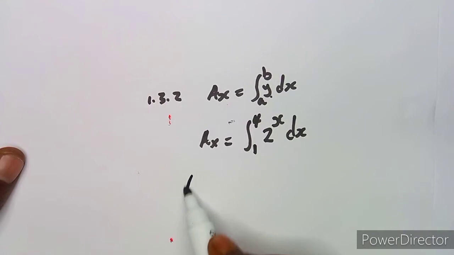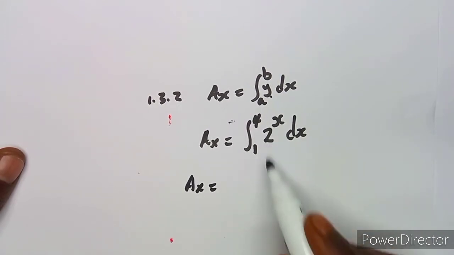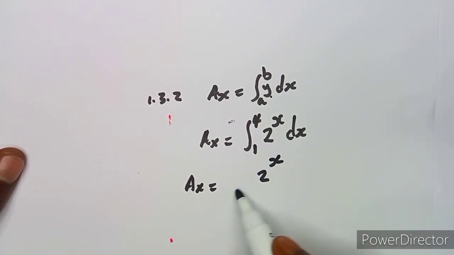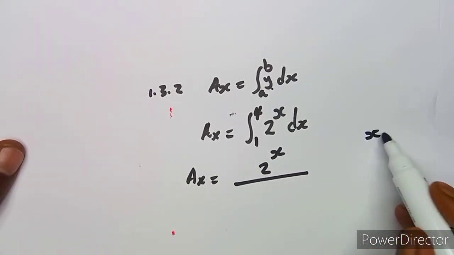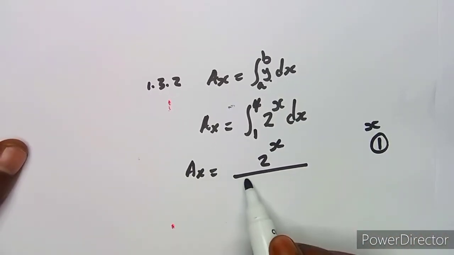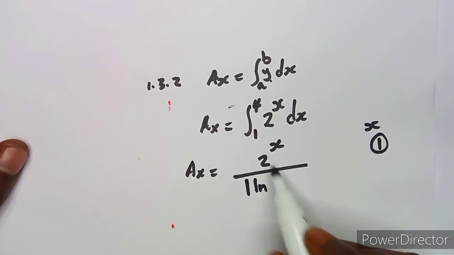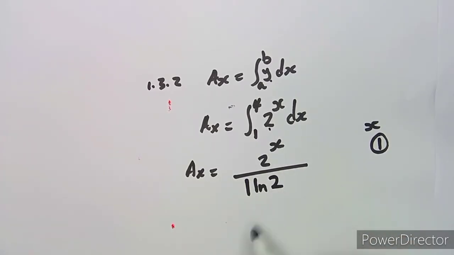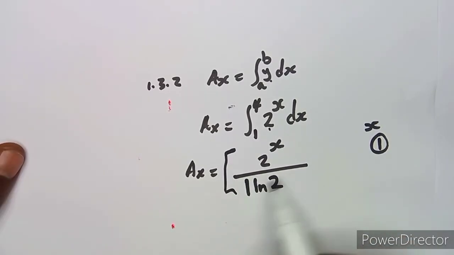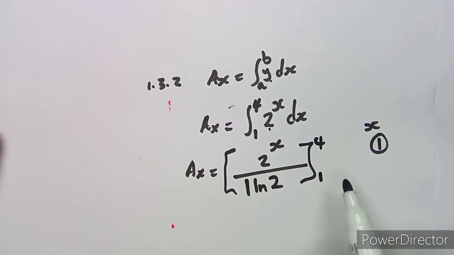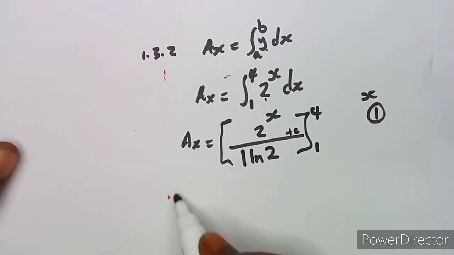Remember, 2 to the exponent of x, we talked about this one before. So it's going to give us 2 to the exponent of x over the derivative of x, which is 1. So it's going to be 1 ln 2, this one. So 1 ln 2 is the same as ln 2, guys, and you've got your limits 4 and 1. So there's no need of you writing plus c if you're given limits like this, guys. All right, don't worry about that.